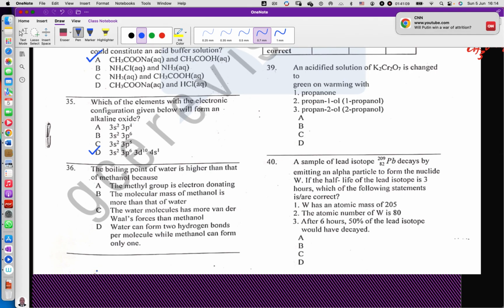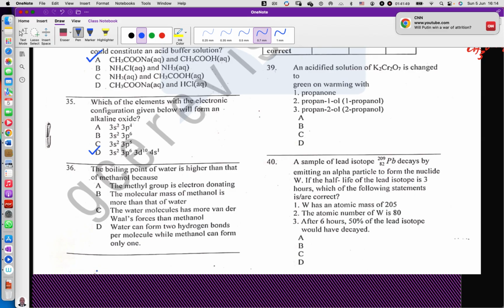Question number 36. The boiling point of water is higher than that of methanol because... remember that both methanol and water can form hydrogen bonds.